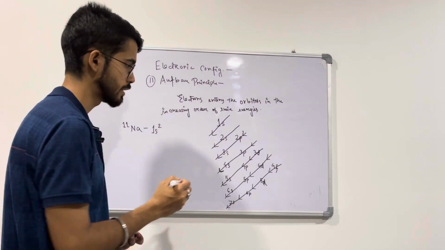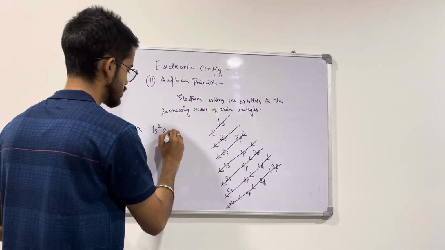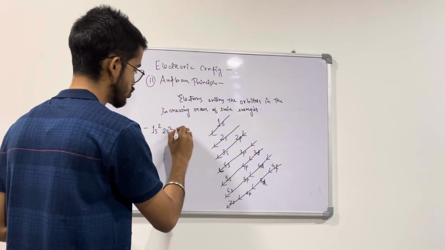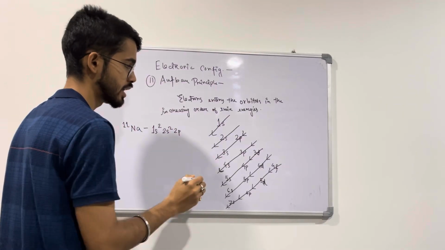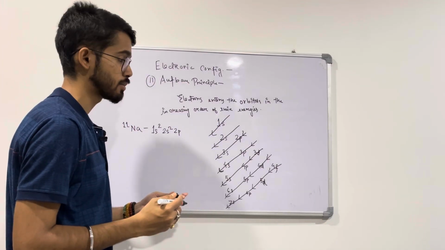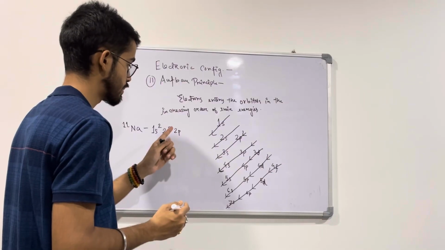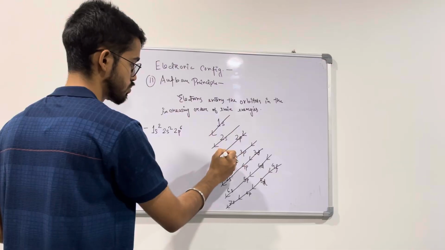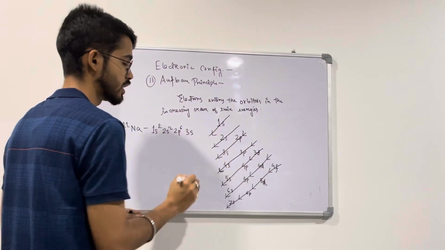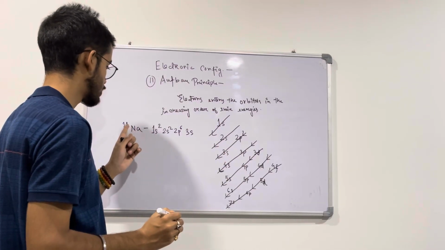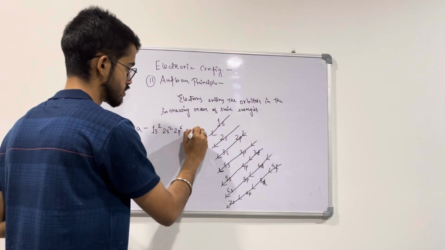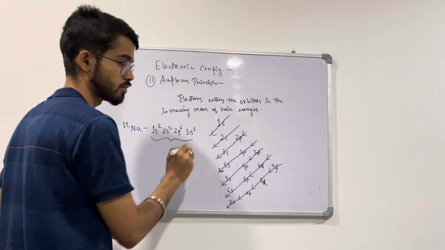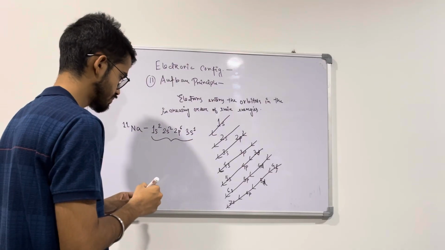Next is 2s, so 4 electrons are occupied. Then comes the energy of 2p. In p there are 3 orbitals, and with a maximum of 2 electrons in each, it can have a maximum of 6 electrons. So 10 are occupied. After 2p there comes 3s. So only 1 electron is left out of 11, so 3s will have 1 electron. Okay. So in this way the electronic configurations are written.